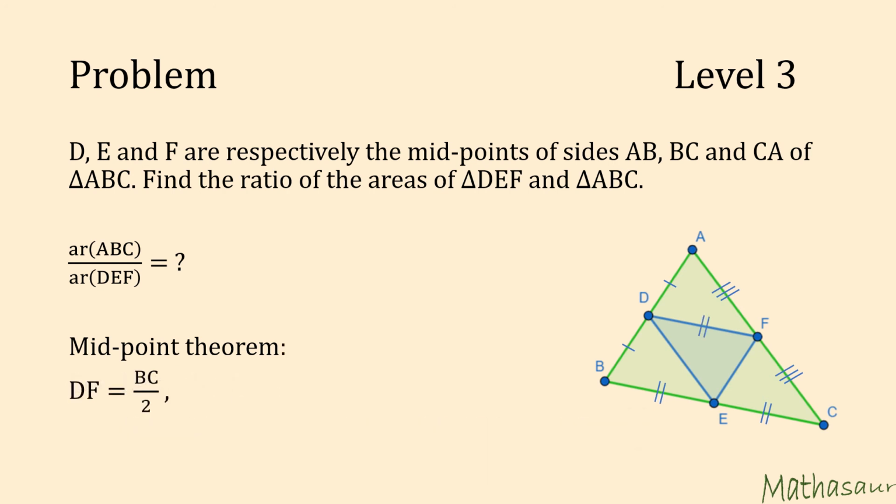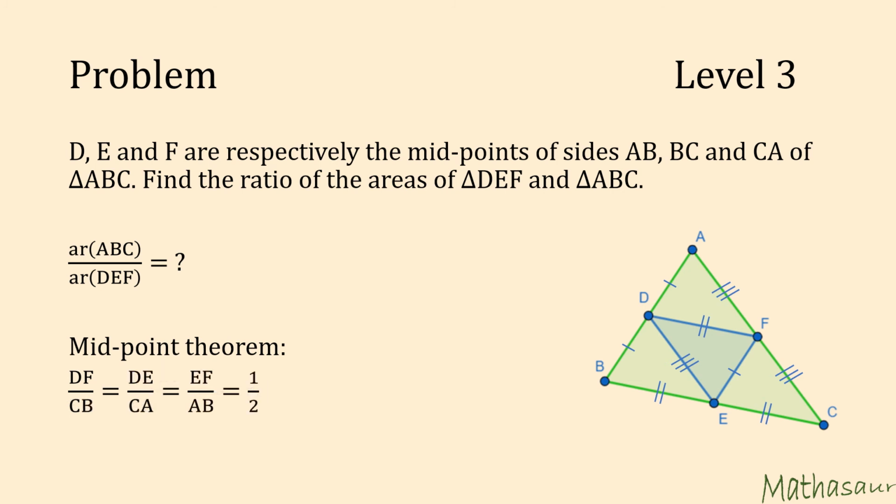So DF would be half of BC. DE would be half of AC. And EF would be half of AB. So we have the ratios DF by BC, DE by AC and EF by AB all are equal to 1 by 2.